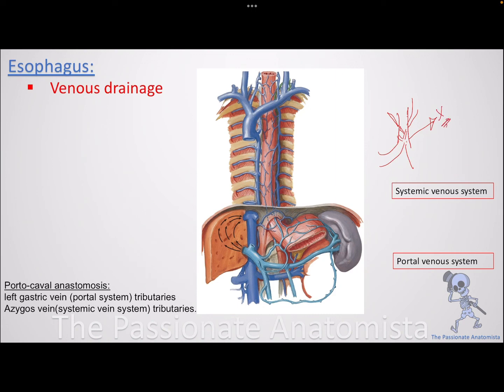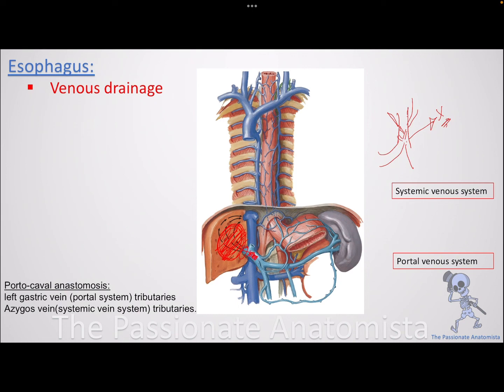But if there is a problem in the liver, if I have a liver disease, and that disease is blocking the reception of the blood from the portal vein, like liver cirrhosis or any liver disease, that can cause portal hypertension.